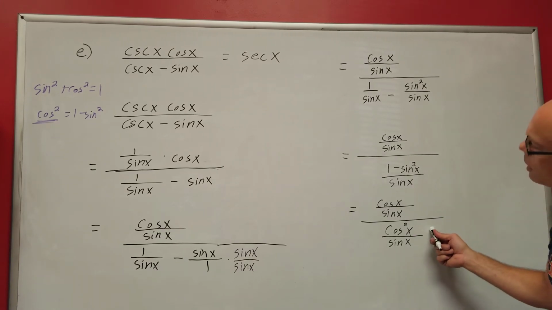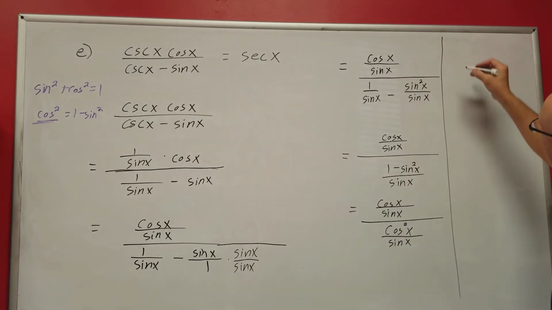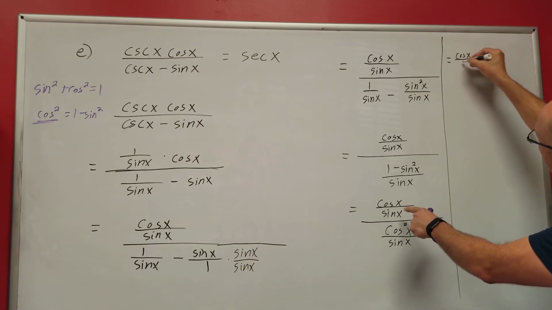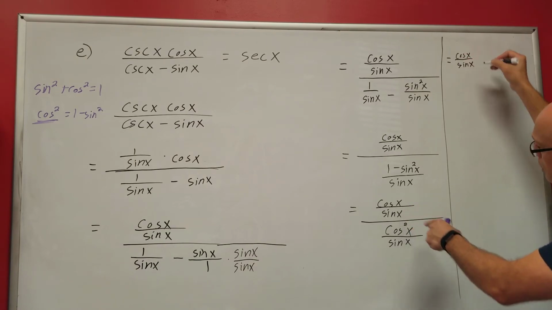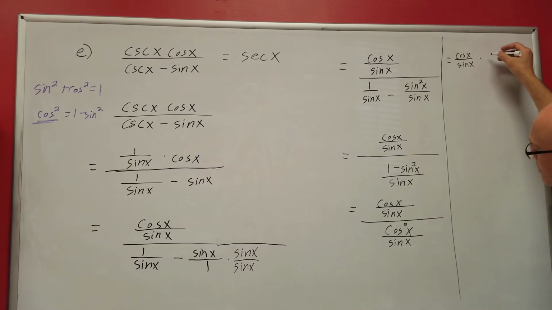Well, we're still trying to make this look like that, right? So let's come over here and let's say, okay, I have cosine of x over sine of x here, but let's multiply by the reciprocal. Let's say that's times sine of x over cosine of x squared.